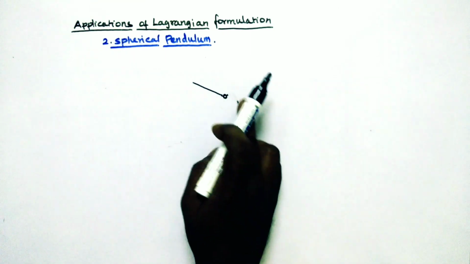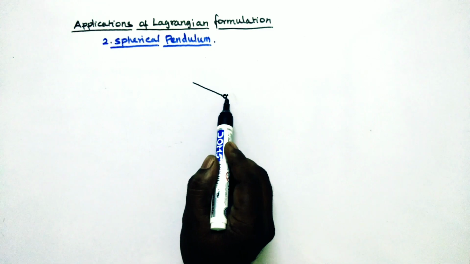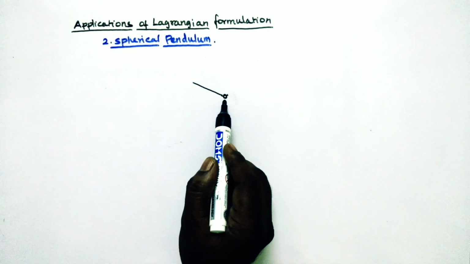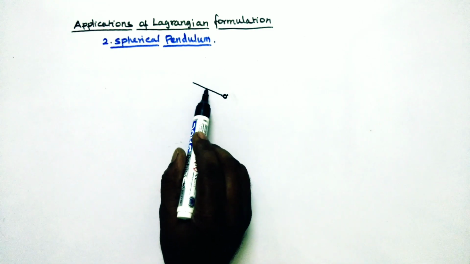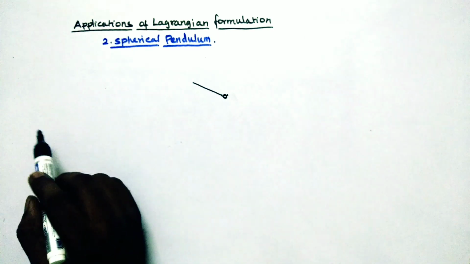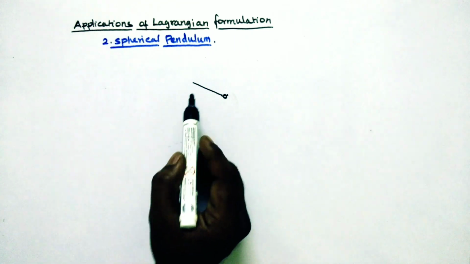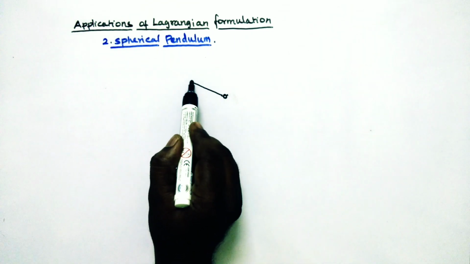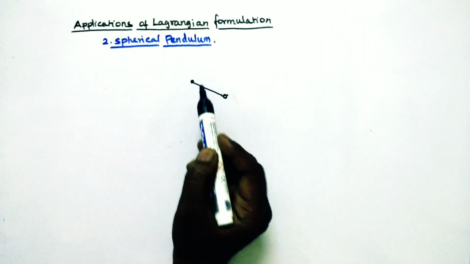The movement of the particle is restricted by the bob. So now this particle is moving with respect to the bob, and also I want to fix the other end of the bob at a point.